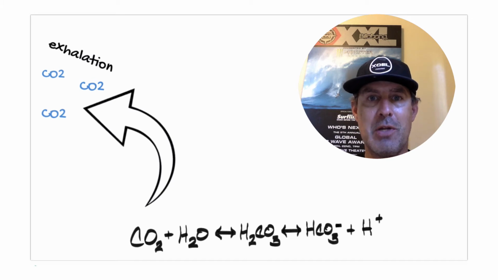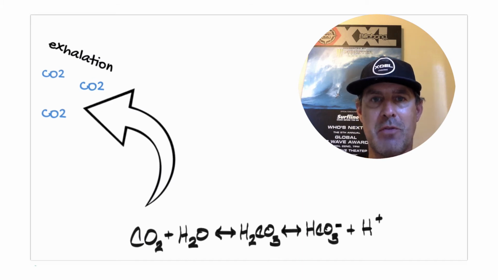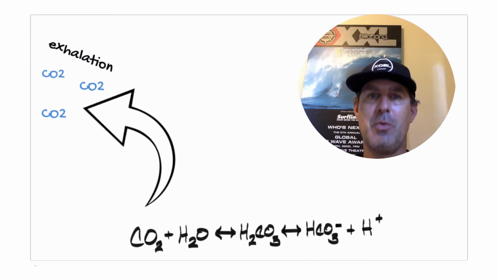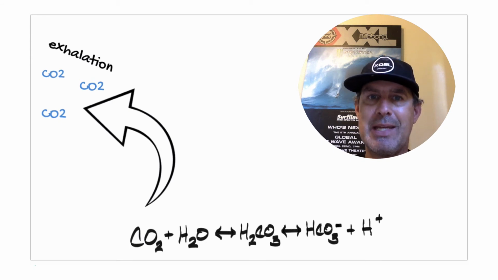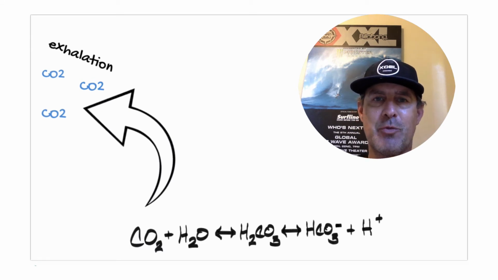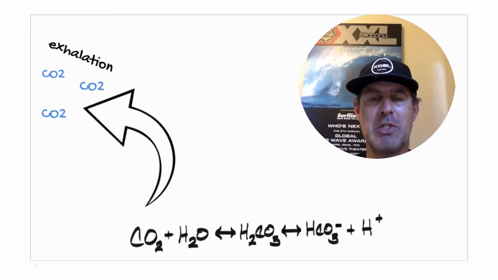And we can get rid of CO2 merely by breathing it off, by exhalation. Every time we exhale, we're getting rid of CO2. When we inhale, we're taking in oxygen. That's how we get our oxygen. But we get rid of CO2 by exhaling. So exhaling is one of our prime mechanisms for maintaining pH homeostasis in the body.